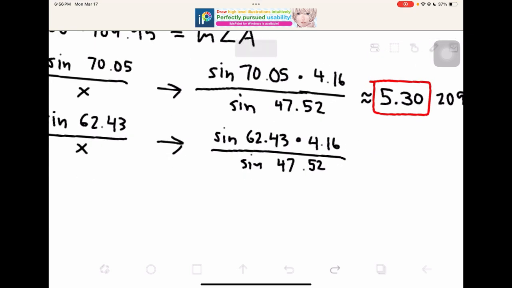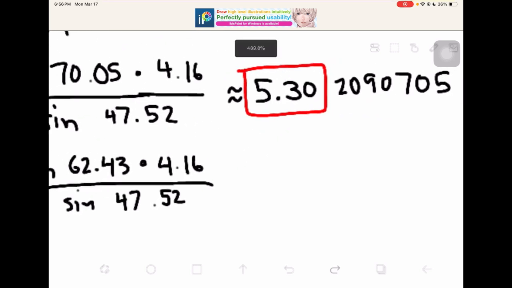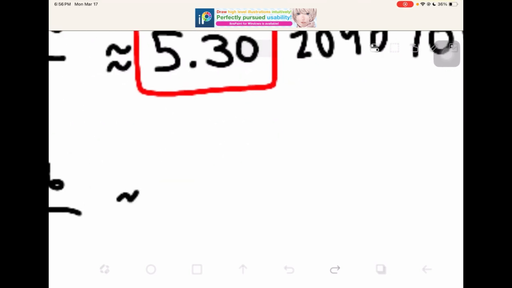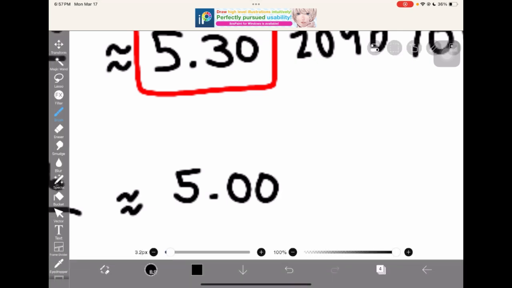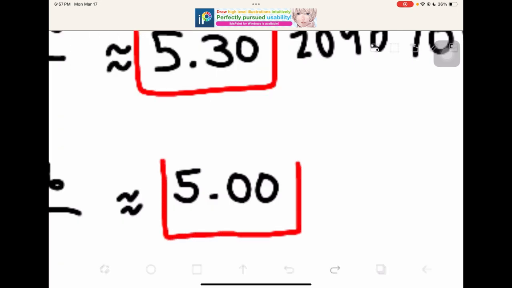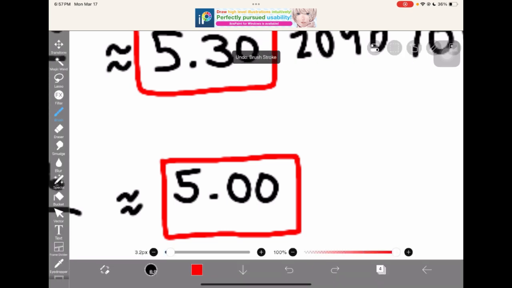Let's put that in our calculators. Once again, sine 62.43 times 4.16 all over sine 47.52. We get an approximate value of almost exactly just 5. And if you really need to know the decimal places, here you go.